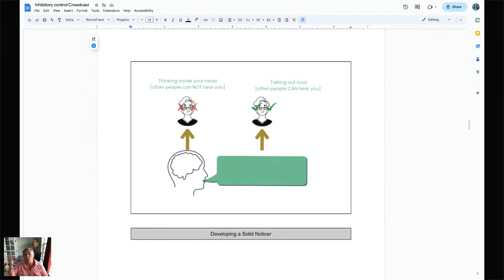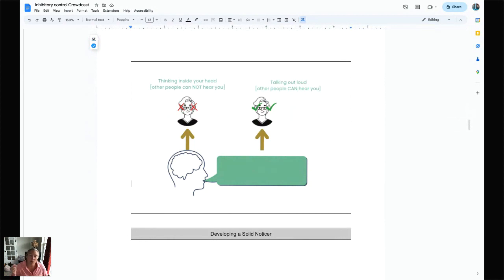So we've got to get them talking out loud about what they're responding to. If we know what they're responding to, we have a much better opportunity of supporting the growth of those skills around inhibitory control, around pausing and noticing, right? But if everything's going on inside their head and we're constantly making guesses, we have no idea. We are 50 steps behind.